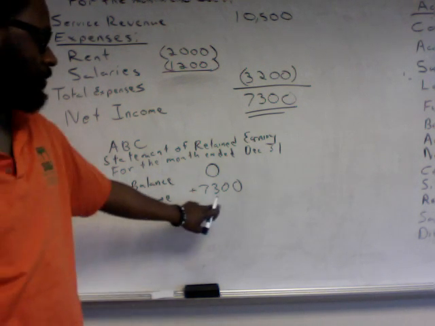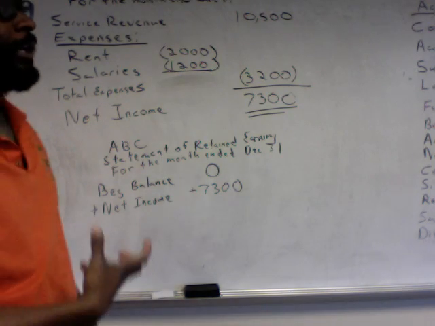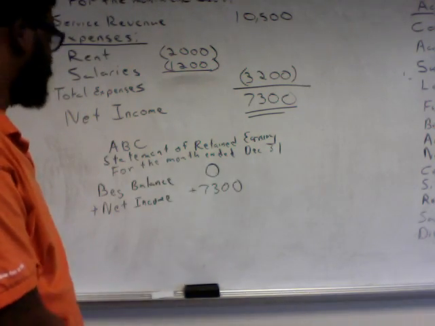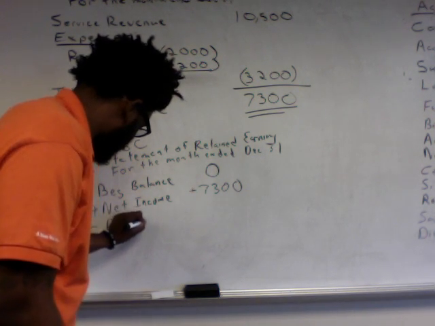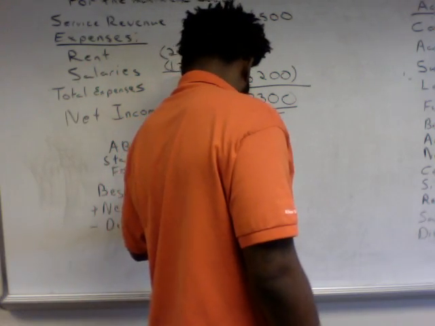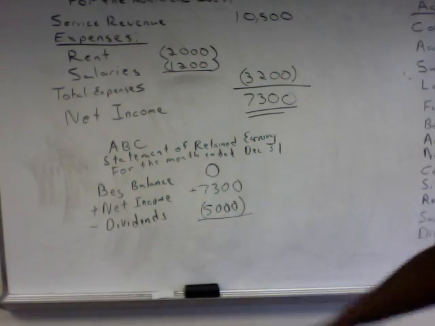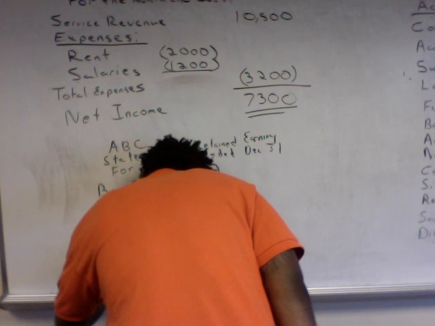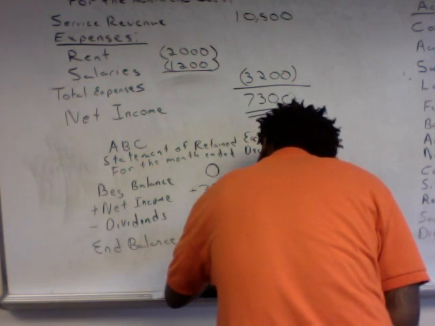Okay? And so back to our statement for retained earnings, we start out with a beginning balance of 0. We have net income of $7,300, and then I need to test to see if we have dividends. Of course we do. We have dividends of $5,000. So then I'm going to subtract dividends for the period. And the dividends was $5,000 coming from my trial balance. And so that's going to give me my new ending balance for retained earnings, which happens to be $2,300.